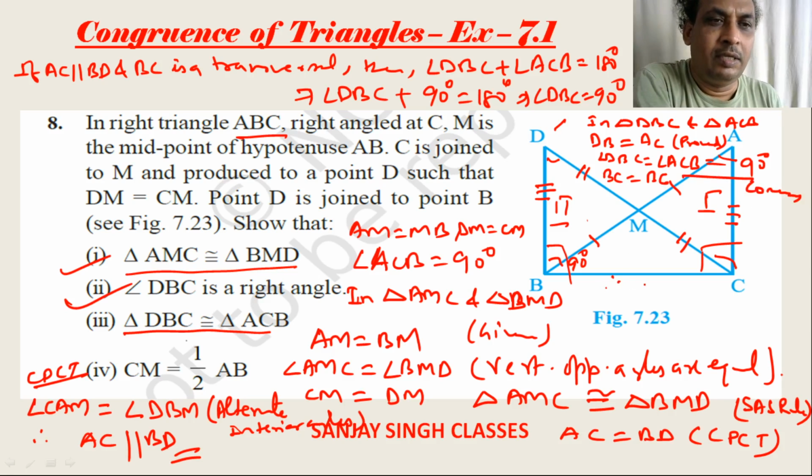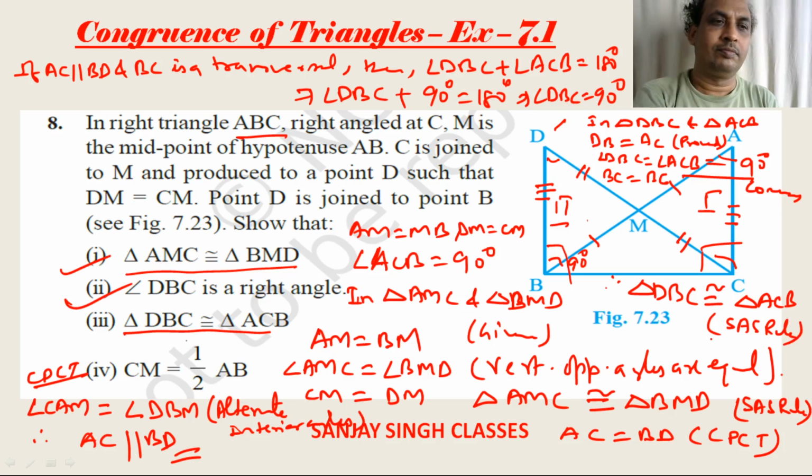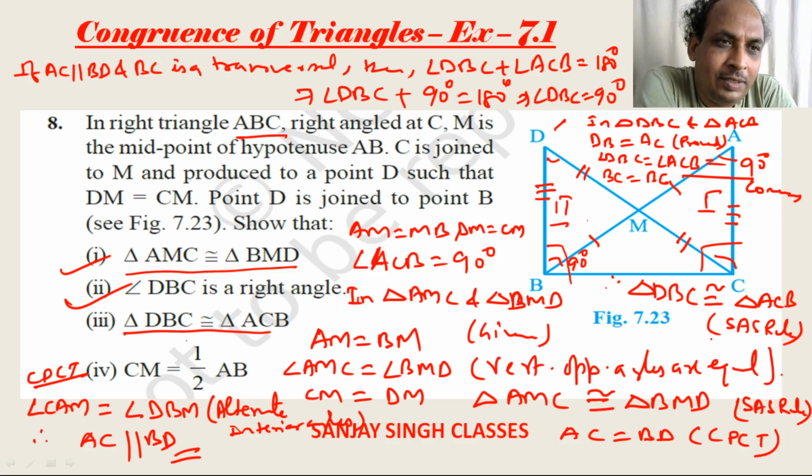Therefore, triangle DBC is congruent to triangle ACB. Which rule? SAS rule.